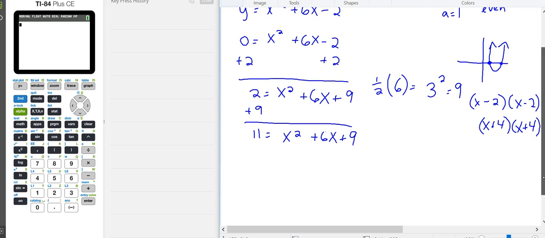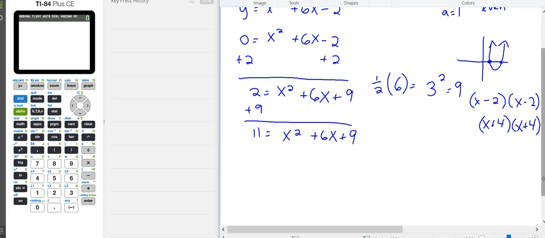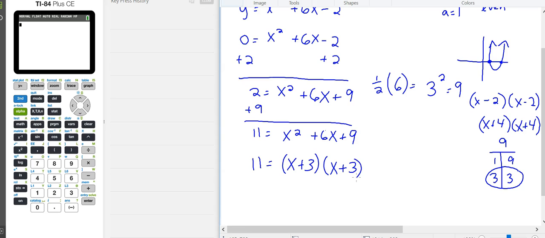Now we want to factor the right side of the equation. We want to find factors of 9 that add up to 6. Factors of 9 are 1 and 9, and 3 and 3. The factors that add up to 6 are 3 and 3. And we assumed that we would get 2 of the same thing. Why is that? Because we want to rewrite our equation as the product of 2 of the same factor.